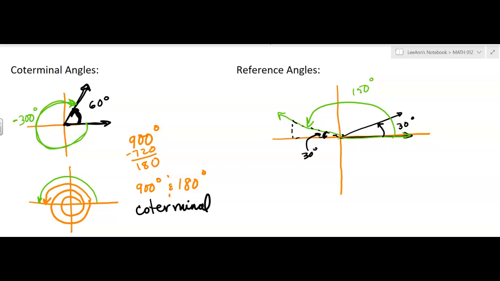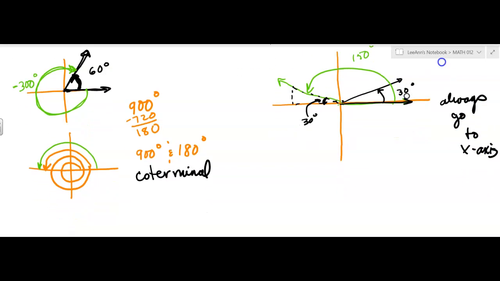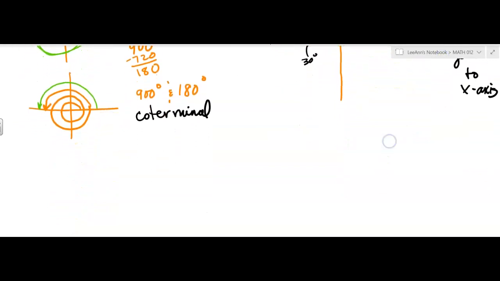Now, the way to find reference angles is always go to the x-axis. Just remember, always go to the x-axis. So let's say I have an angle, let me think of a weird one, 217 degrees, okay?